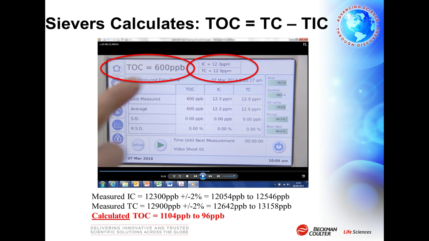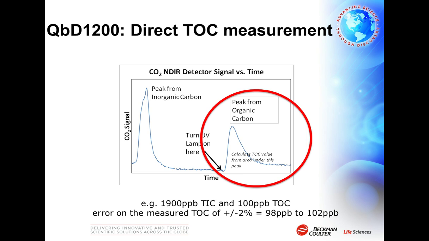However, the sensors making these calculations have a plus or minus 2% tolerance, which means that as these two sensors drift away from each other by plus or minus 2%, the reported values for TIC and TC can vary tremendously. So the actual level of TOC present or reported could be anywhere between 96 parts per billion and 1,104 ppb.